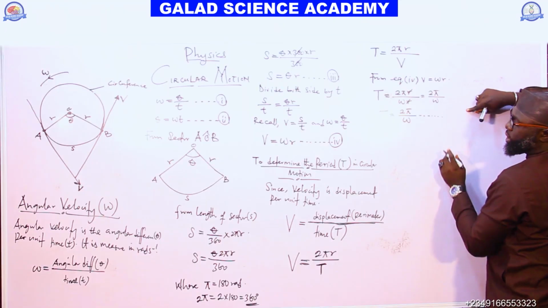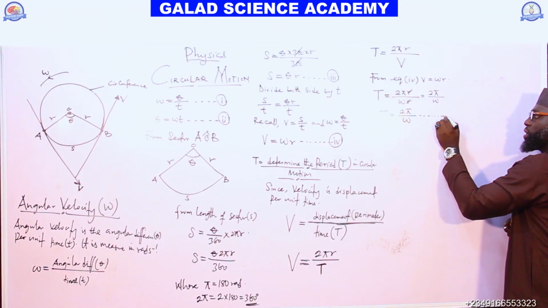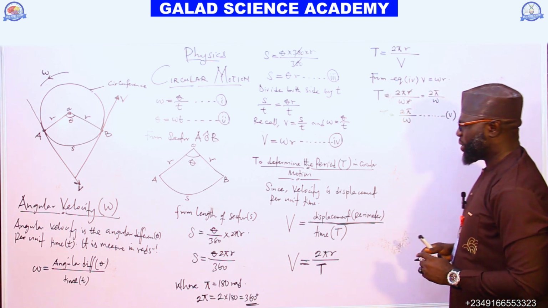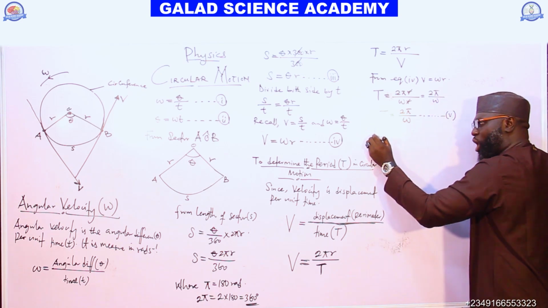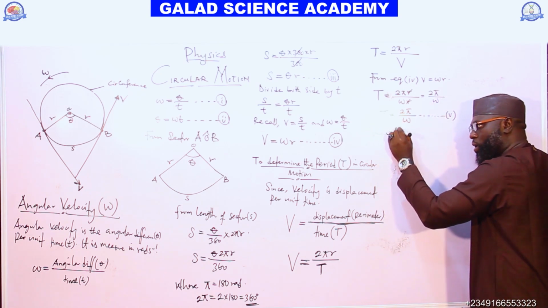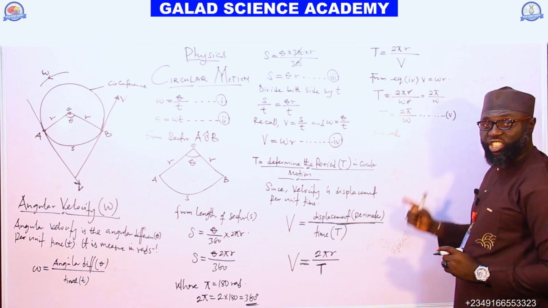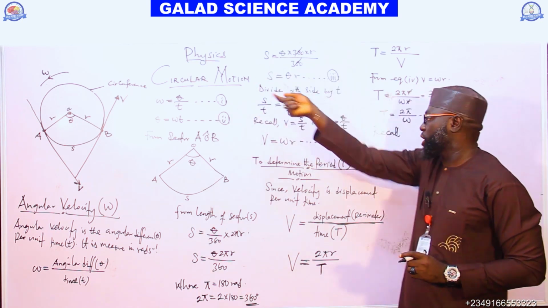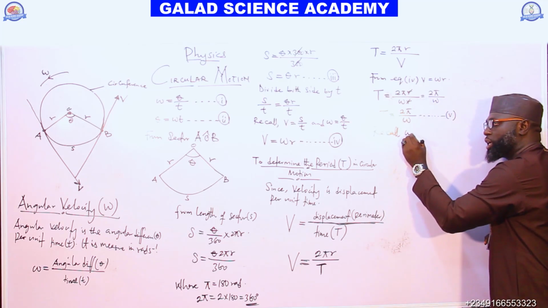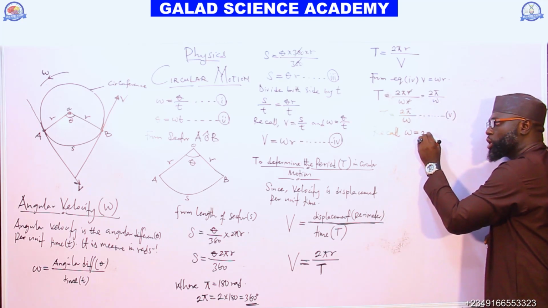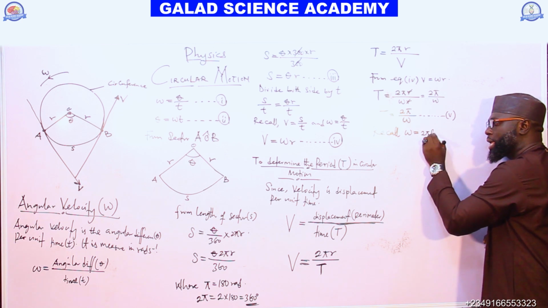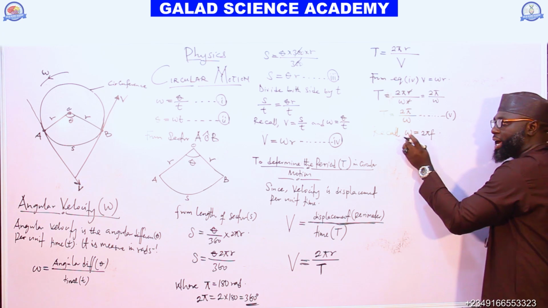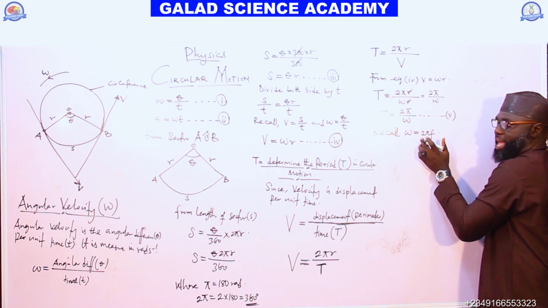This is another way of writing speed. You can call this one equation 5. But again, recall in SHM, after this topic the next one we move to is simple harmonic motion. From SHM, omega equals 2 pi f.